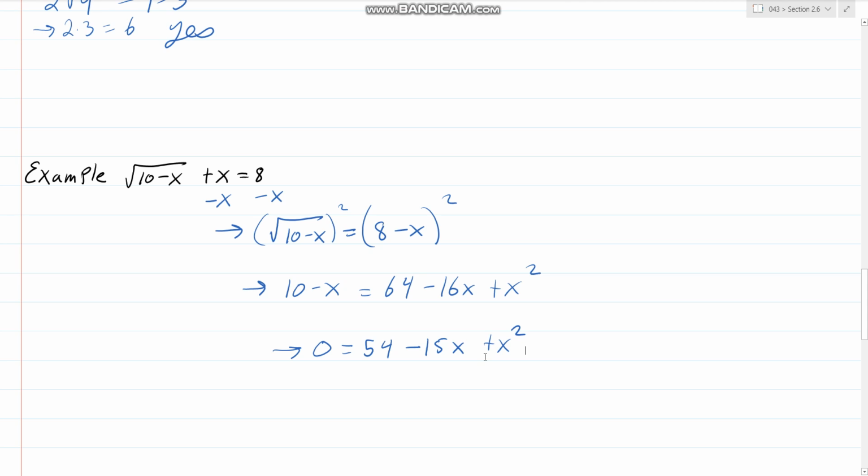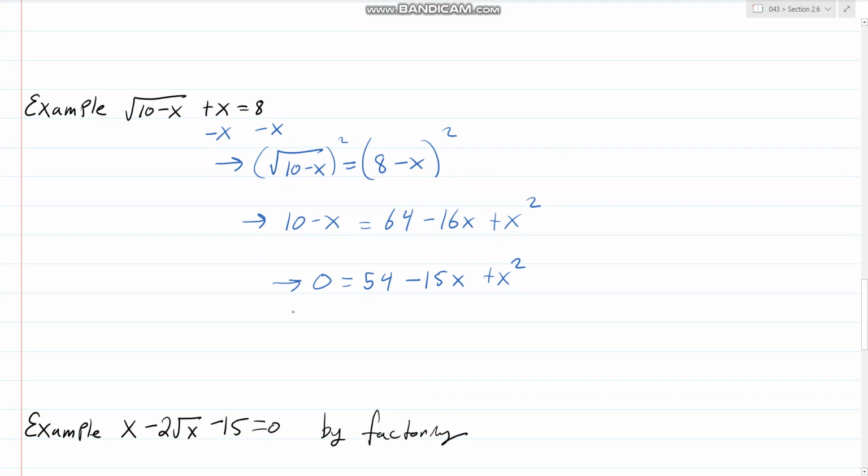I get negative 15x and plus x squared. So this might be factorable, and maybe I'll just rewrite this so we can see it the way we're used to. Okay. Now, it seems like this is a leading coefficient of 1 problem. I need to find the factors of 54 which would add to negative 15. I think that might be 9 and 6.